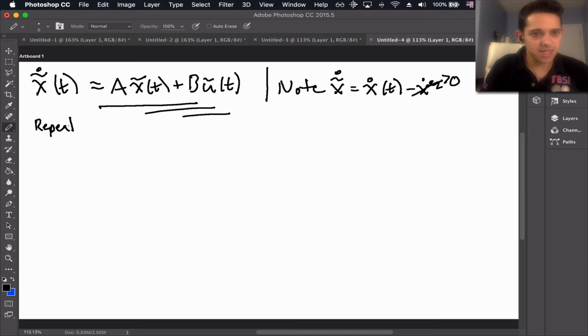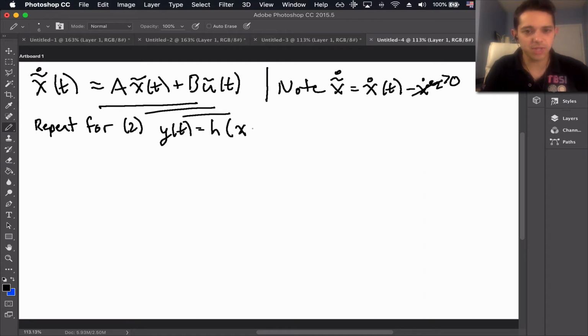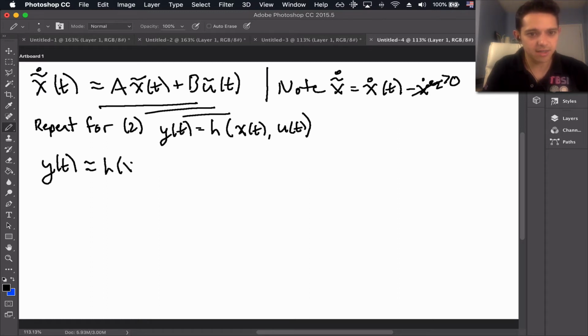Okay, so now I'd like to just give you a sketch of what repeating this for equation 2 looks like, which is this output equation, y equals h of x comma u. Okay, so when we apply the Taylor series approximation truncated at the first order terms, what we're going to get is this zeroth order term, right, where I just plug in xeq and ueq into h.